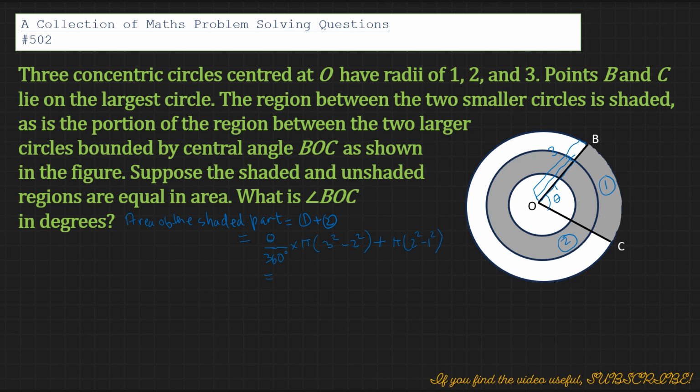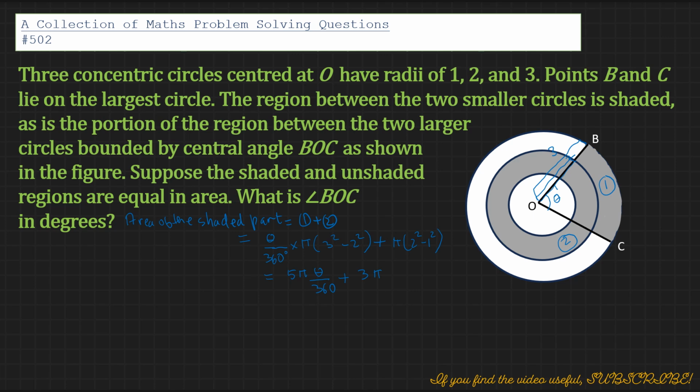So that would equal 3 squared is 9 minus 4, that's 5, so 5 pi theta out of 360 plus 4 minus 1 is 3, so 3 pi. So this is the shaded part.